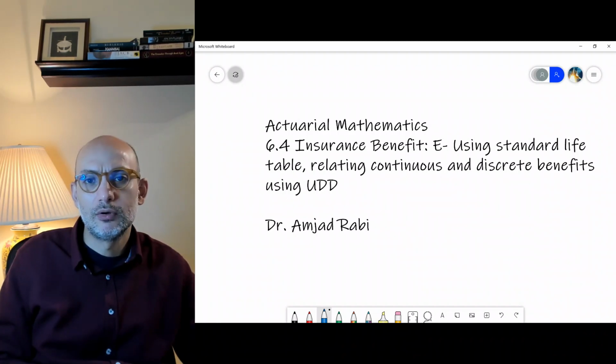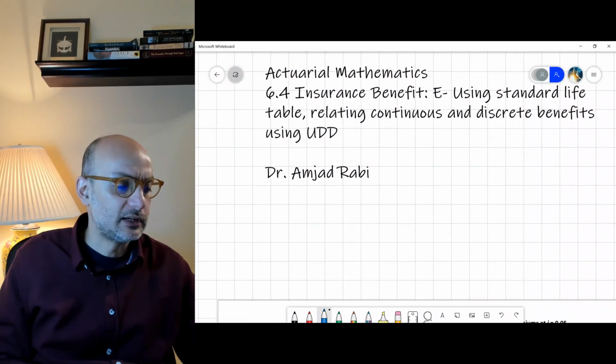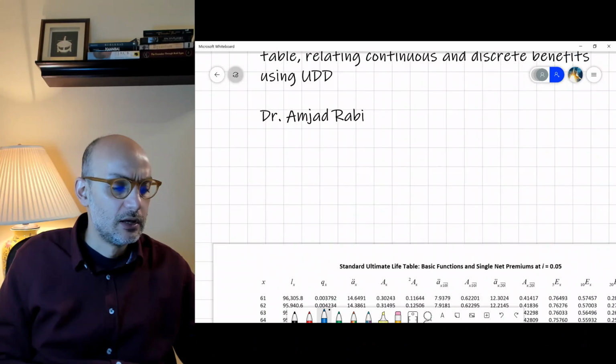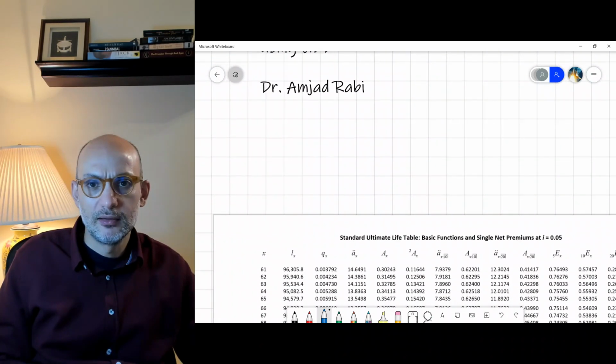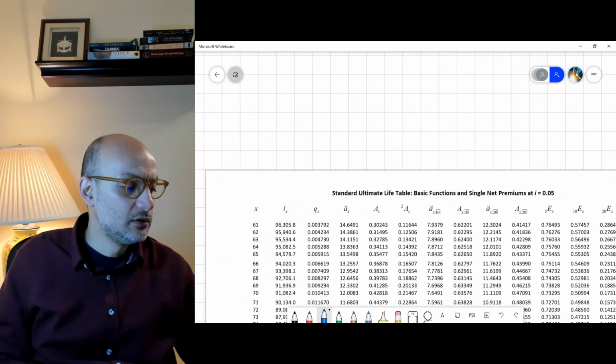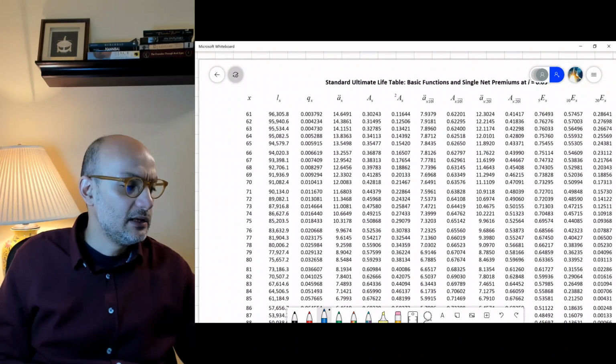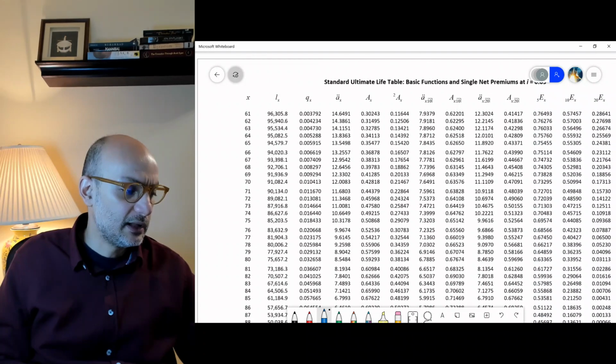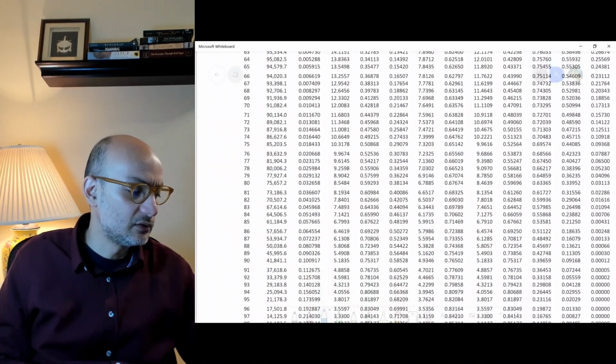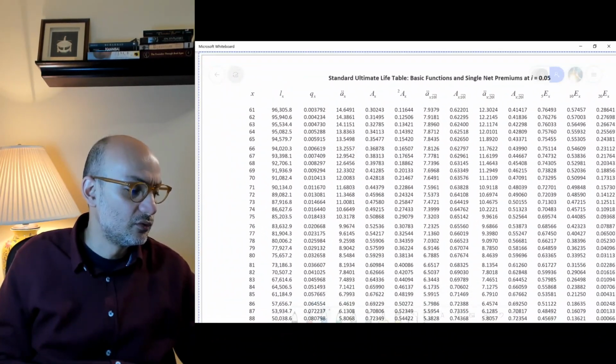You can go to their website, soa.org, and download these tables, which I already provided to you. So you would see, we already looked at this table. It has many pages, but I'll start from page 60, ages 60 to 100.